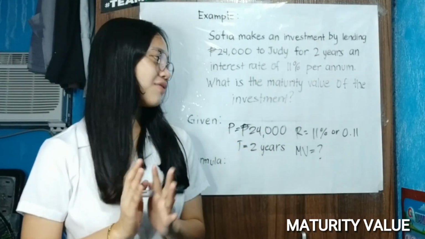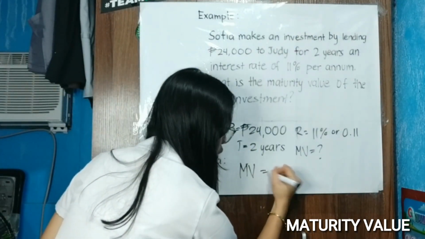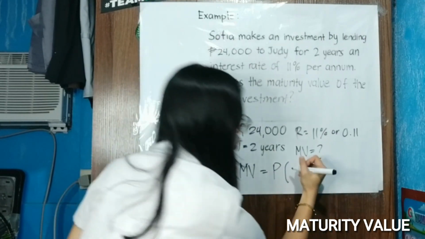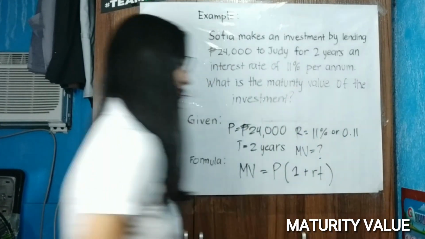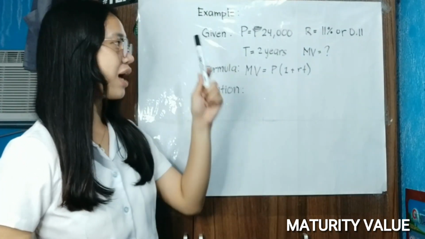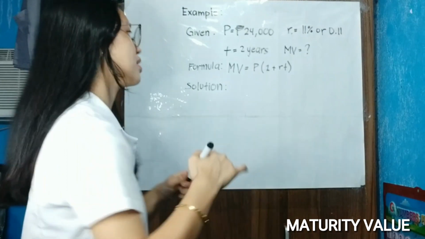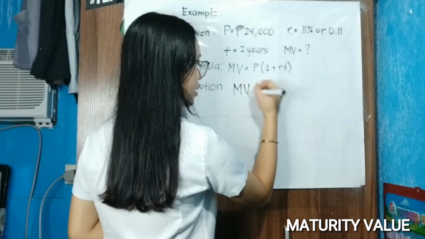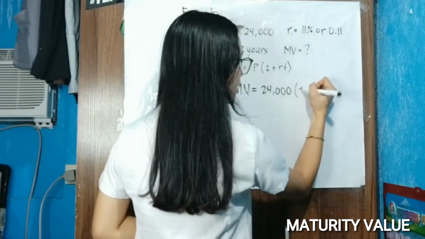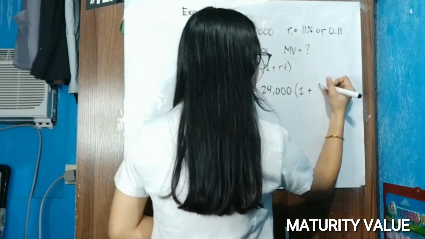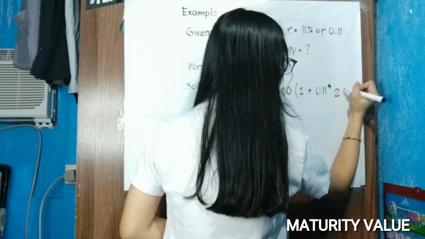So these are the given based on the problem. After that, let's identify the formula that we're going to use, and that is maturity value is equal to the principal amount multiplied by the quantity of 1 plus the product of rate and time. Since we already have the given and we have the formula, let's now substitute. Maturity value is equal to 24,000 multiplied by the quantity of 1 plus the product of 0.11 multiplied by 2.